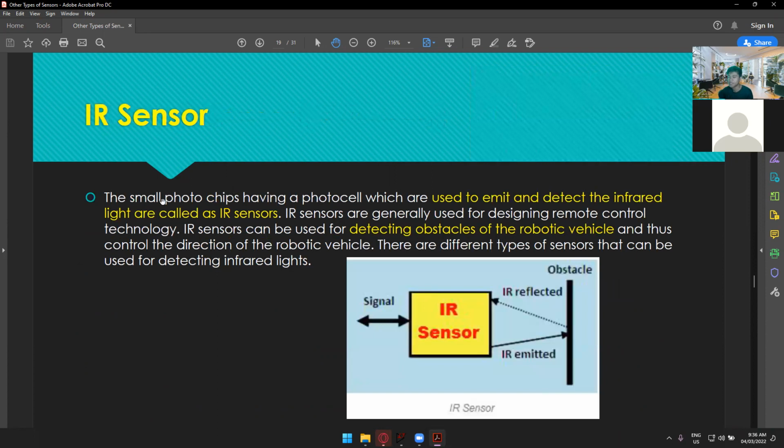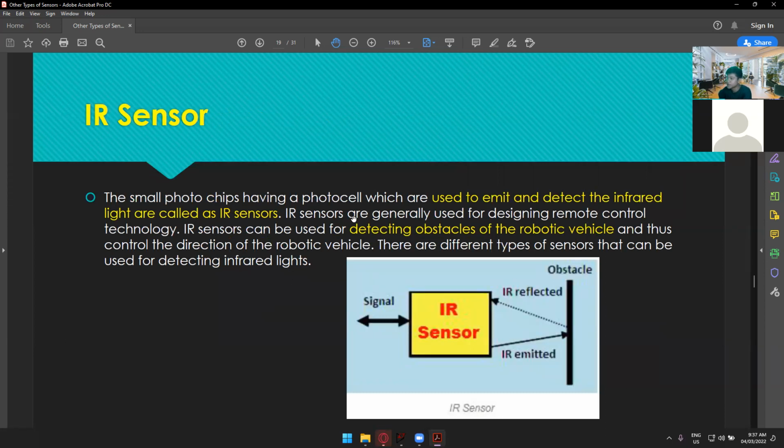Anyway, let's move on now to the next one, which is the IR sensor. If we have radiation and light, this one, if I'm not mistaken, is infrared. It is used to emit and detect infrared, from the word IR. This one is very straightforward. IR stands for infrared.